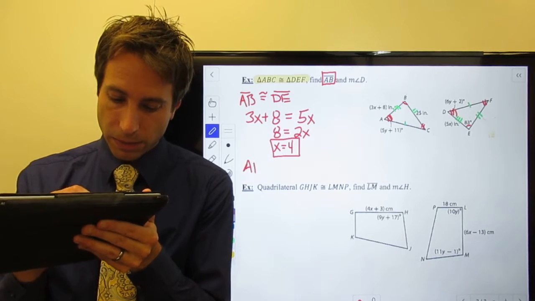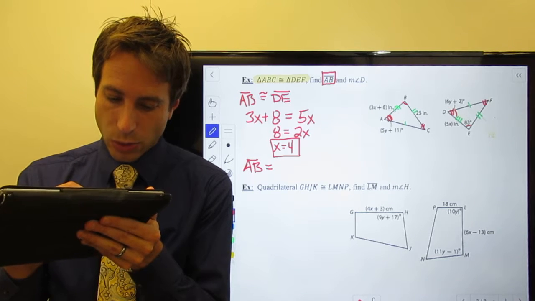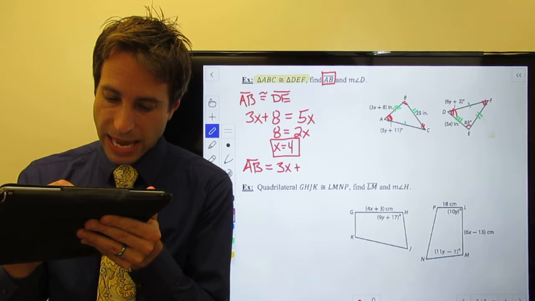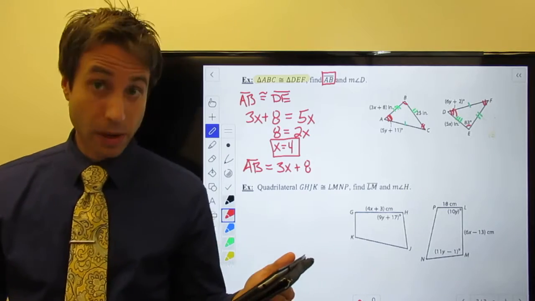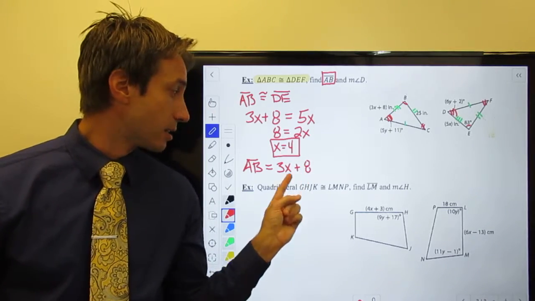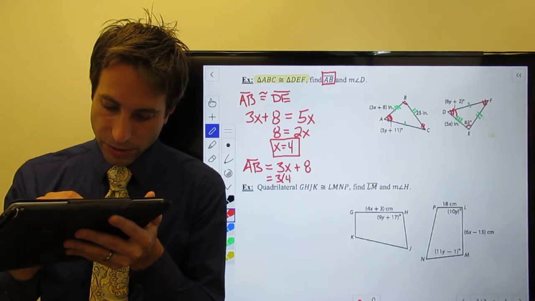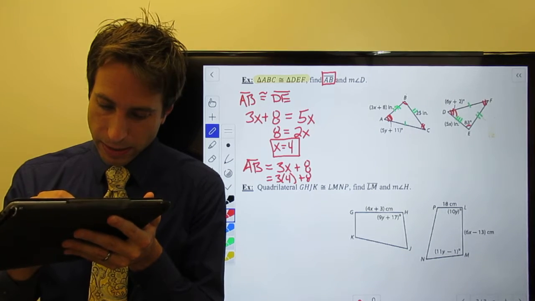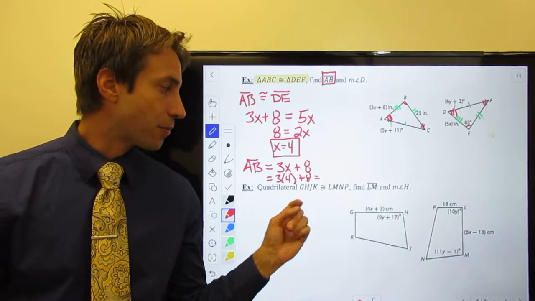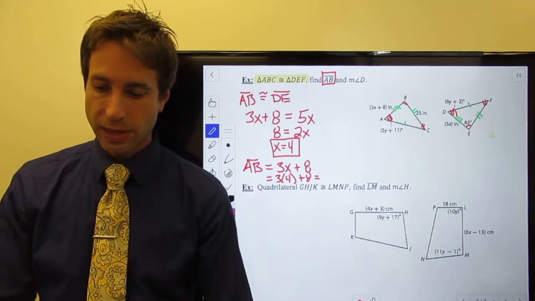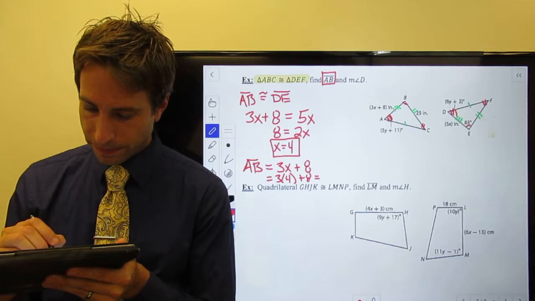So here we go. AB is equal to 3x plus 8. Plug and chug. I know what x is. Drop that in there: 3 times 4 plus 8. Well, 3 times 4 is 12, and 12 plus 8 is 20.